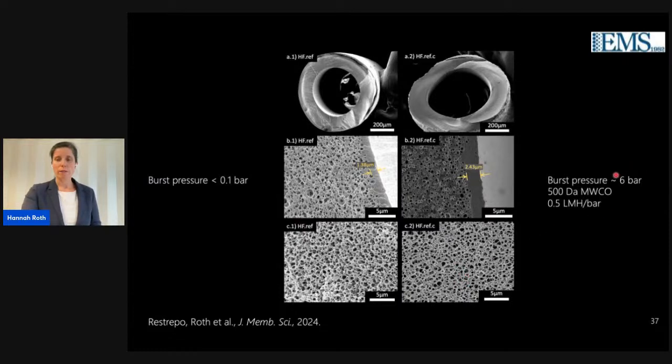So at the moment, we have achieved around 6 bars of burst pressure, and overall, these hollow fibers were then also testable in a permeation mode, and we have a very low molecular weight cutoff of 500 Dalton, and still low permeabilities, but this is something to improve in the future.